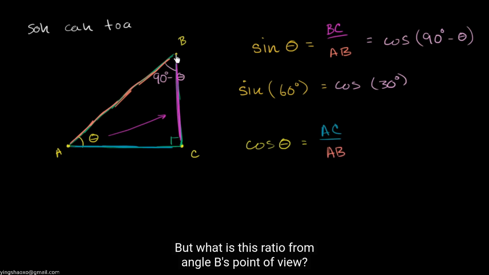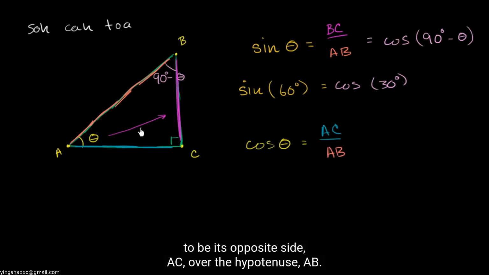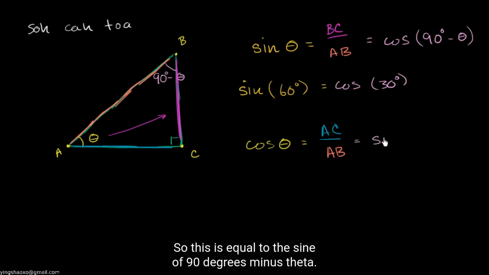But what is this ratio from angle B's point of view? Well, the sine of angle B is going to be its opposite side, AC, over the hypotenuse, AB. So from angle B's perspective, this is angle B's sine. So this is equal to the sine of 90 degrees minus theta.